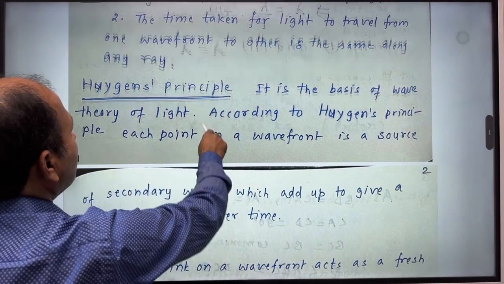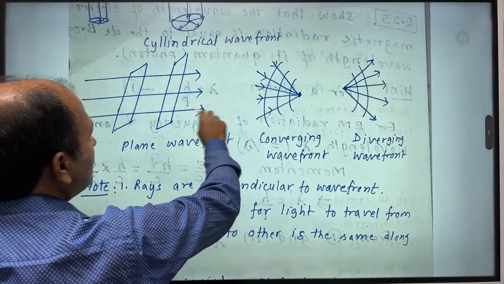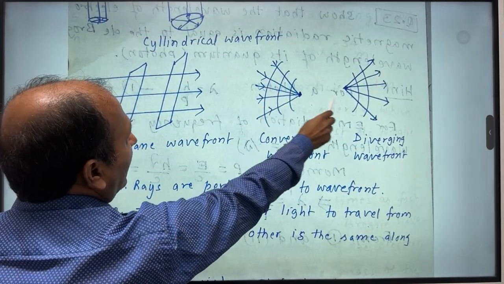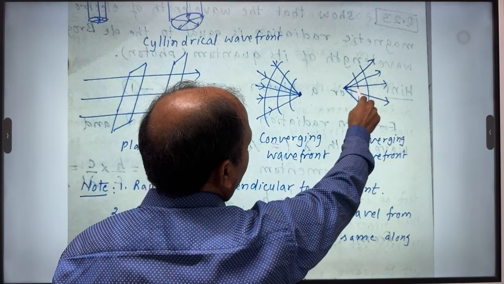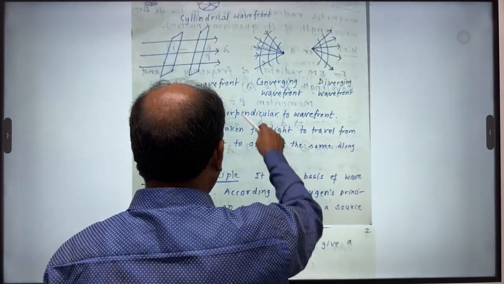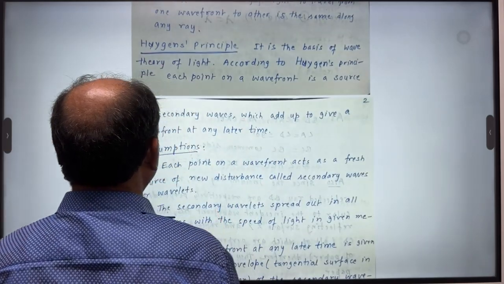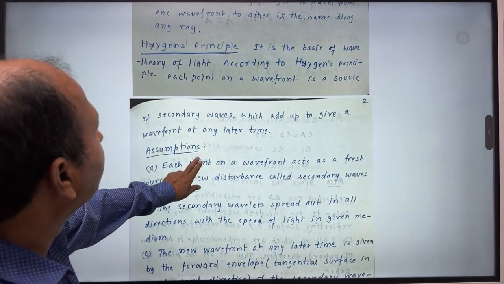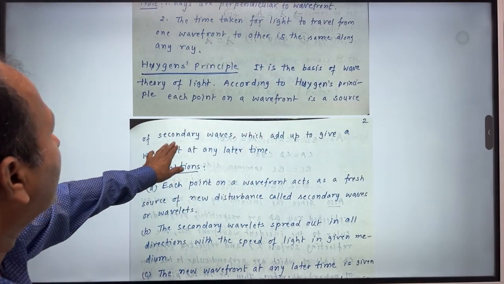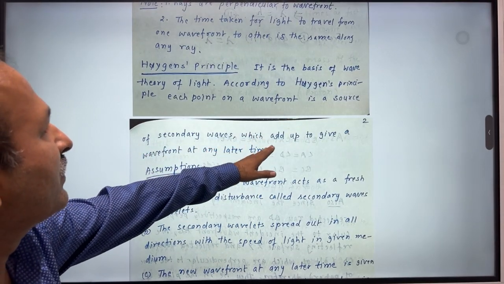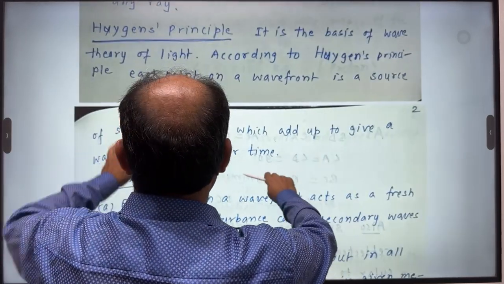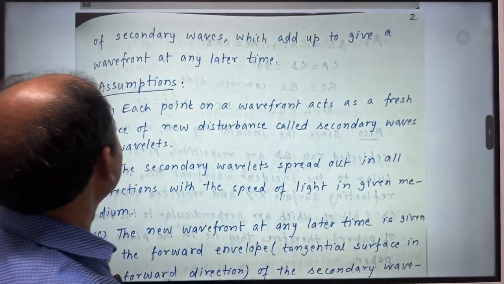So if you consider any wavefront here, suppose you consider this point or this point or this point, it will again behave like a light source. So each point on a wavefront is a source of secondary waves which add up to give a wavefront at any later time.